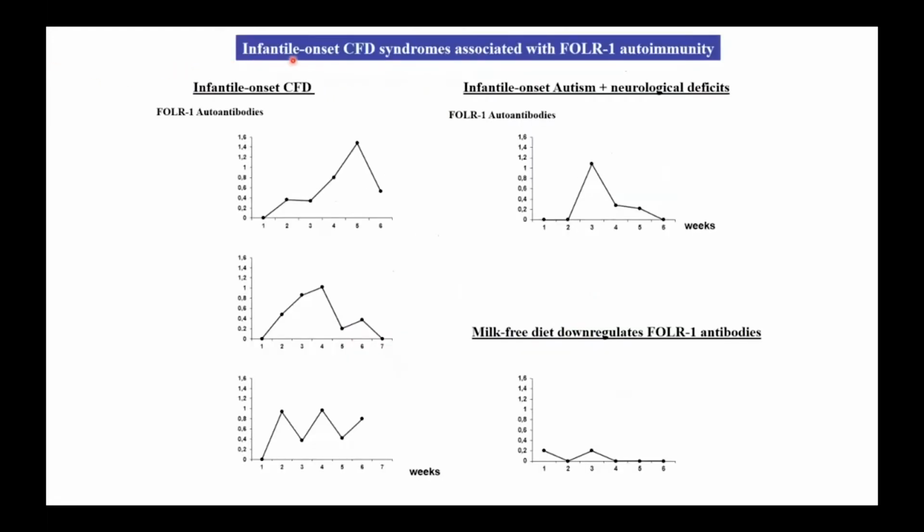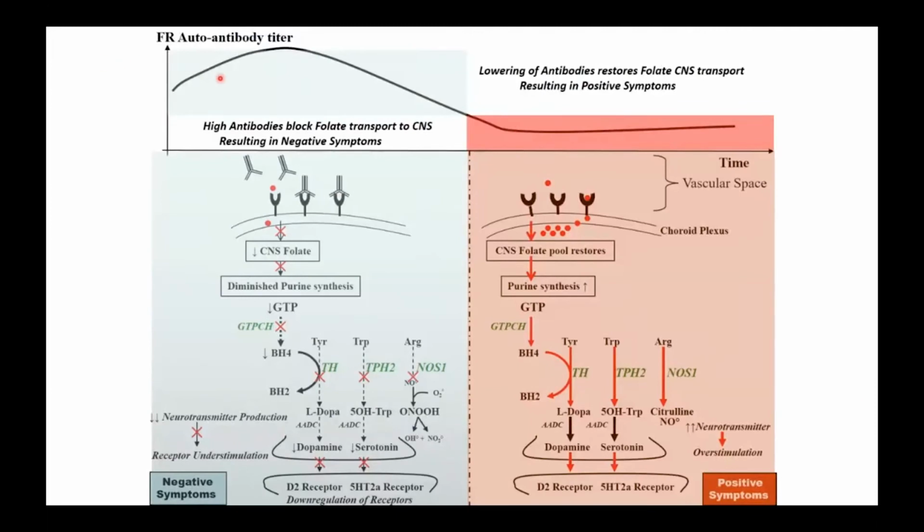Here you see that over time we determined the titers at 1-week intervals, and you see marked fluctuations of these antibodies in infantile CFD syndrome, sometimes with cycles of 6 to 7 weeks. So you have high titers and low titers.